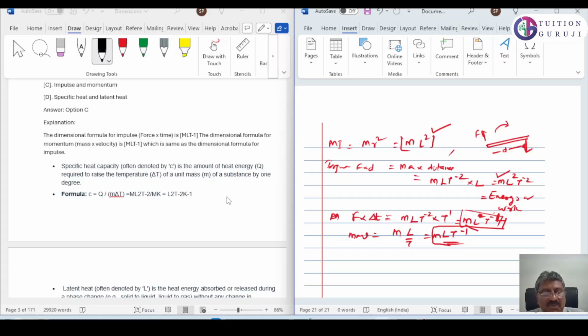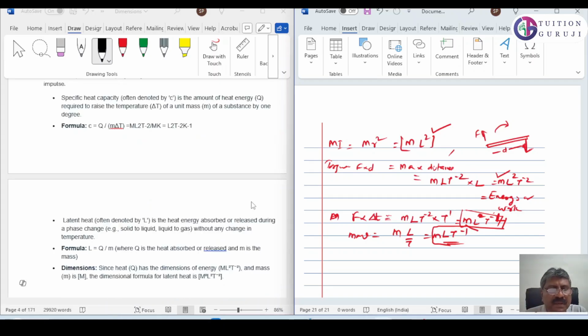So the formula is Q divided by mass and temperature, M delta T. Q is heat energy, therefore it is an energy, M L square T raised to minus 2, divided by M K. So the dimension for specific heat capacity is L square T raised to minus 2 K raised to minus 1.